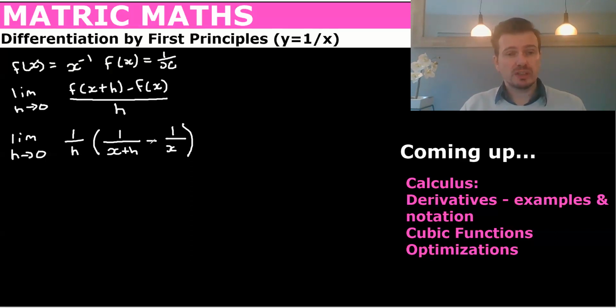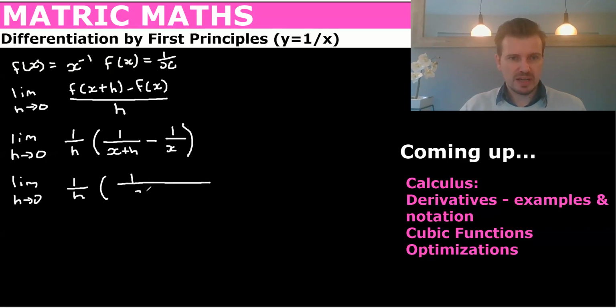Then what we do is we get a common denominator. Limit as h tends to 0, 1 over h. We're going to say 1 over, and then the common denominator is x plus h. Okay, and then so this now becomes x. And this becomes minus 1 times x plus h.